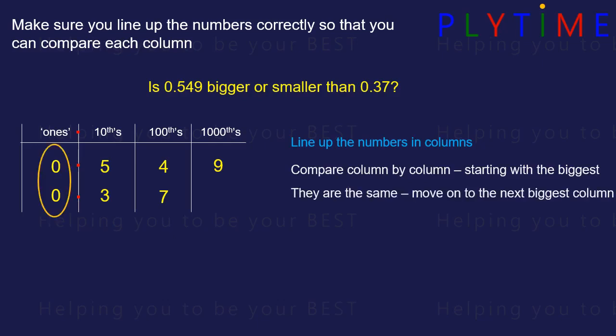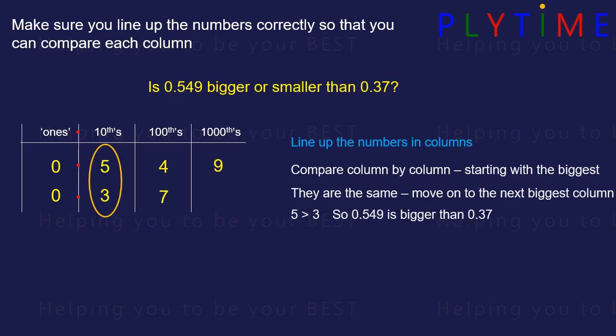Move on to the next biggest column, the tenths column. 5 is greater than 3. So 0.549 is bigger than 0.37. We don't need to go any further than the tenths column. 0.549 is bigger than 0.37.